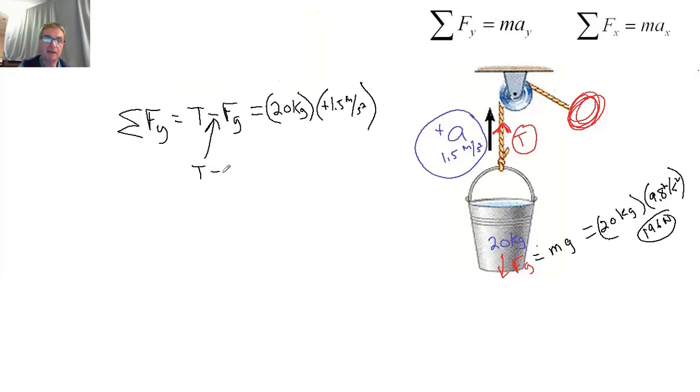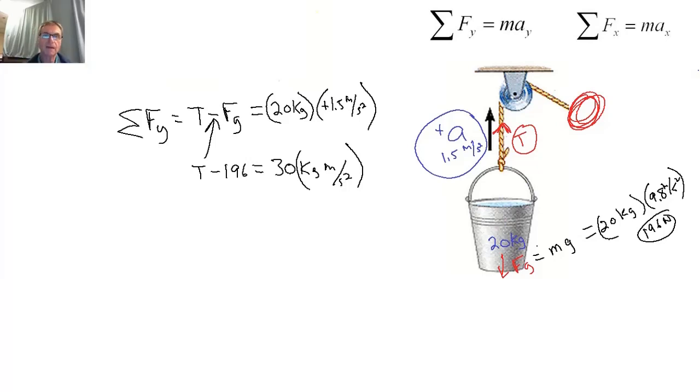Now I can rewrite my equation: T minus Fg, and Fg is 196 newtons, is equal to 20 kilograms times 1.5 meters per second squared. That is 30 kilogram meters per second squared, and a kilogram meter per second squared is otherwise known as a newton. So I've got one equation and one unknown, and I simply solve the equation.